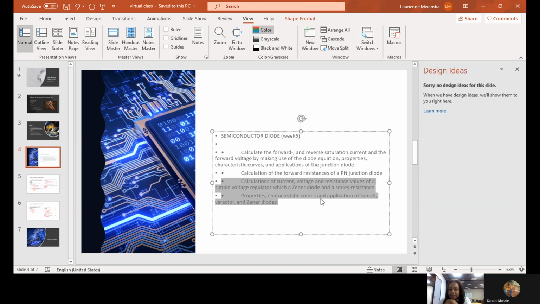And the properties, characteristic curves, and application of the tunnel, varactor, and Zener diode, that we're doing tomorrow. Today we covered the PN junction. We didn't do the calculation. We'll do it tomorrow. Then we talked about the stationary current, and the ideal and the non-ideal one.